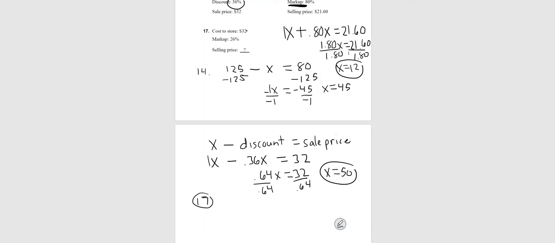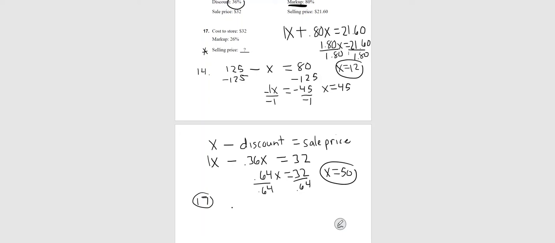Okay, so on 17, the cost of the store is $32, and then there's a markup of 26%, and then we have our selling price. So remember, how a store works is they buy in a product for a certain price, and then they mark it up, and then they sell it to you.